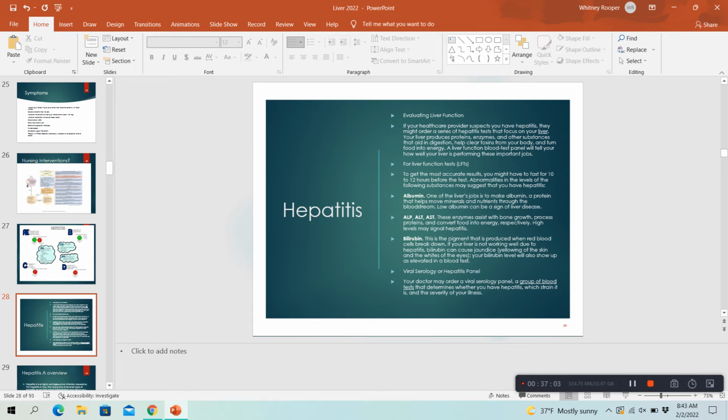It helps move minerals and nutrients throughout the bloodstream. And if the liver's not working, your albumin levels are low. So these are all tests that can be ordered for hepatitis.